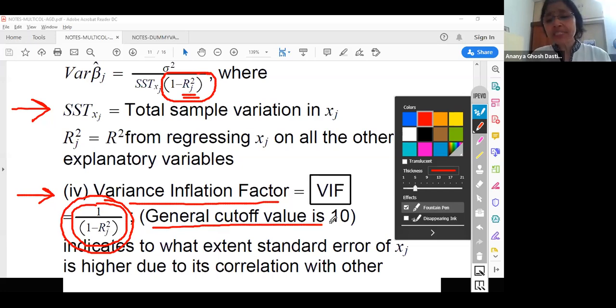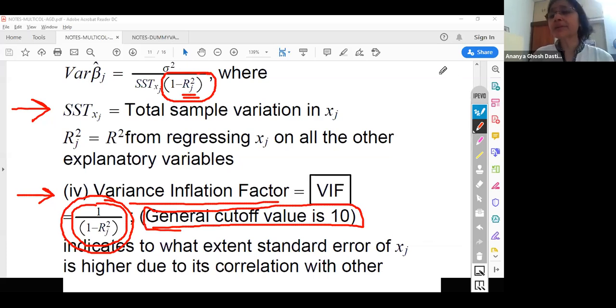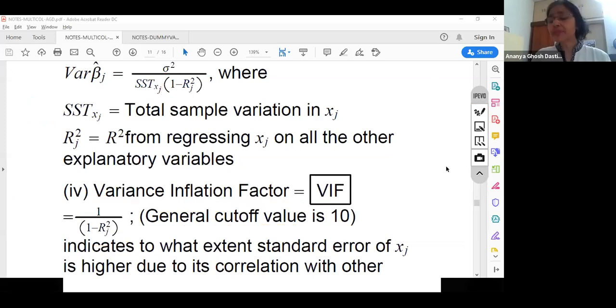So a general cutoff value is 10. You look at the variance inflation factors of each of your variables to see which one is the culprit, due to which variable the variance is getting inflated.